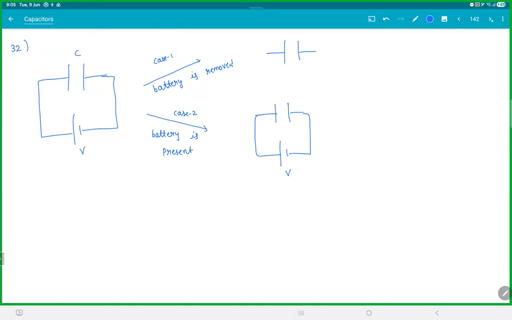And now what you did, you introduced a dielectric between them. You took a dielectric slab K and introduced it between the space. If you remember, the previous question was where the distance between the plates was doubled. Do you remember that question? So here a dielectric slab is introduced between them.